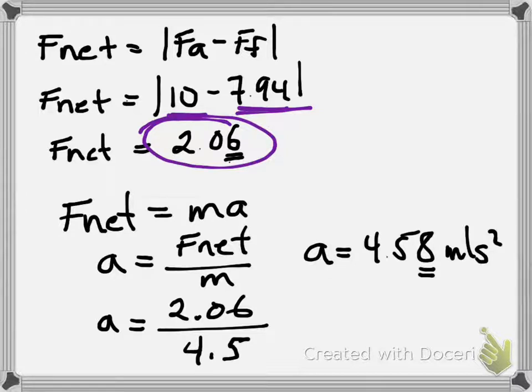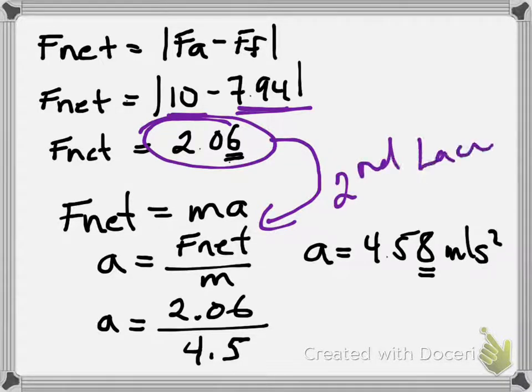Because that is solely to do with acceleration, we can plug that information into our second law. This is really the second law, and we're focusing just on F net. Now remember, our second law can calculate frictional force, it can calculate our gravitational force, it can also calculate our F net. So the force that we are dealing with in this case is to do with acceleration, so that's why we define this as our F net.